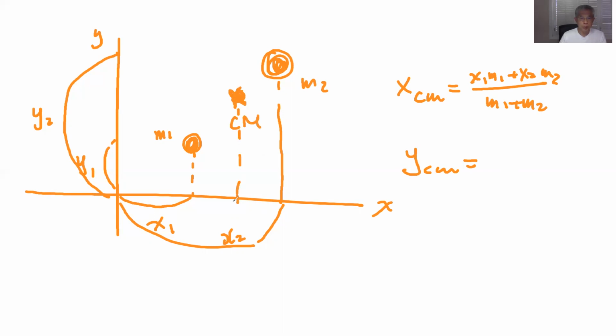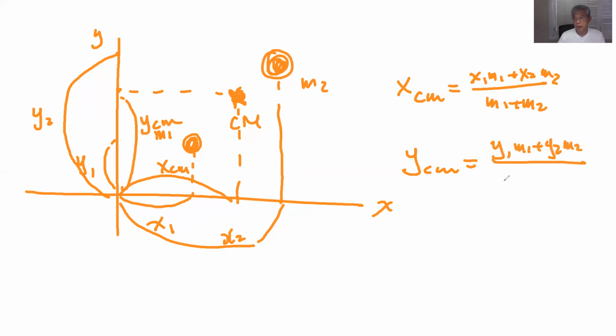And then this will be your xcm, and from here, this here will be your ycm, which is equal to y1 m1 plus y2 m2, and then divided by m1 plus m2.